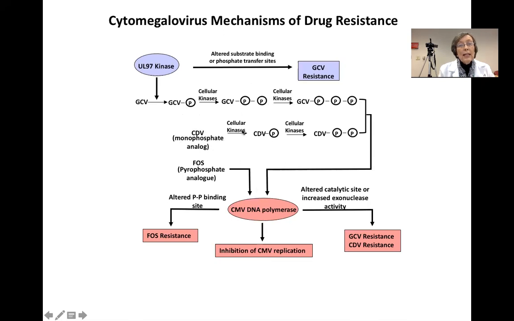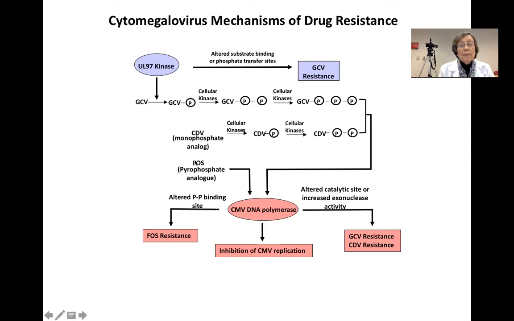For cidofovir, this is a monophosphate analog. We have cellular kinases that are going to add second and third phosphates. Remember that the first one is already on the drug. It's going to interact with the CMV DNA polymerase and again lead to chain termination and termination of CMV replication. Now, should there be an alteration in a catalytic site or increased exonuclease activity associated with the DNA polymerase, such that the drug does not get incorporated, you're going to get ganciclovir resistance and cidofovir resistance.